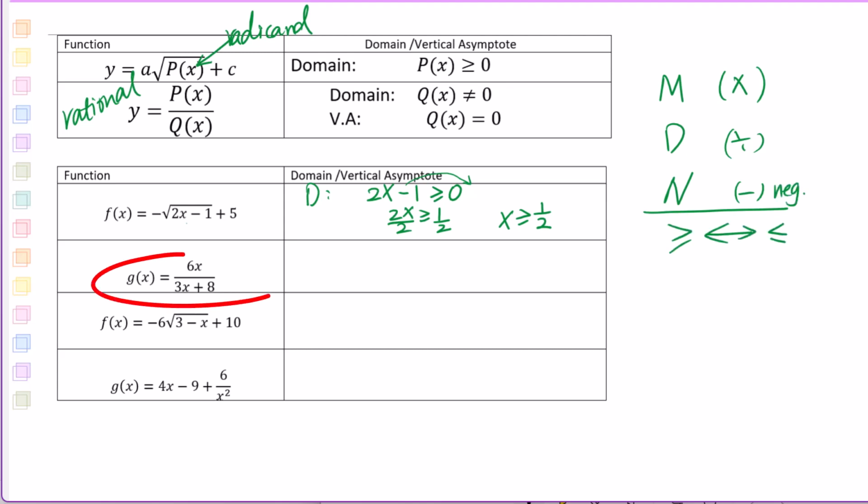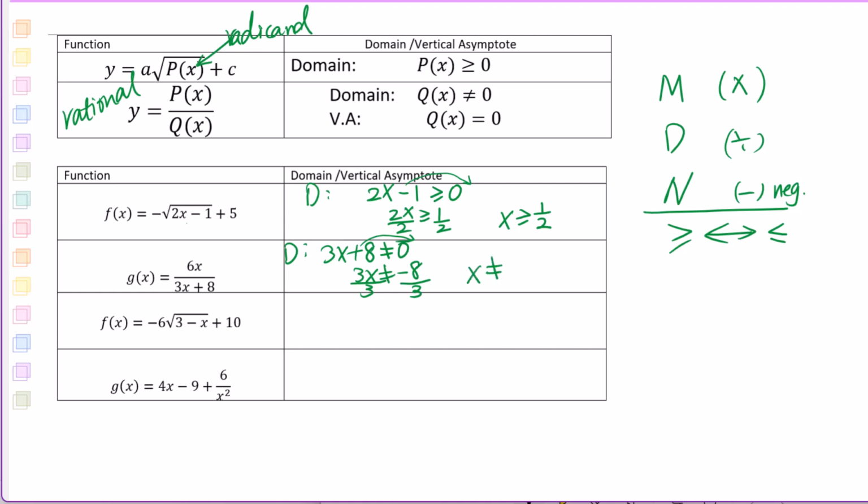For the second question, this is a rational function. We will make the denominator not equal to 0. Solve. Cross the river, change sign. Then divide by 3 on both sides.